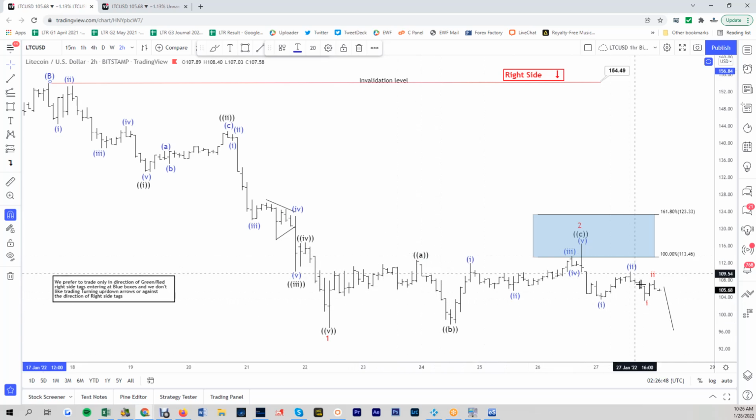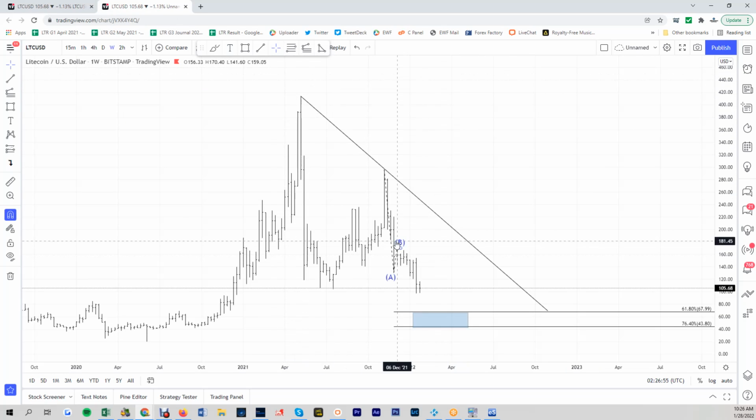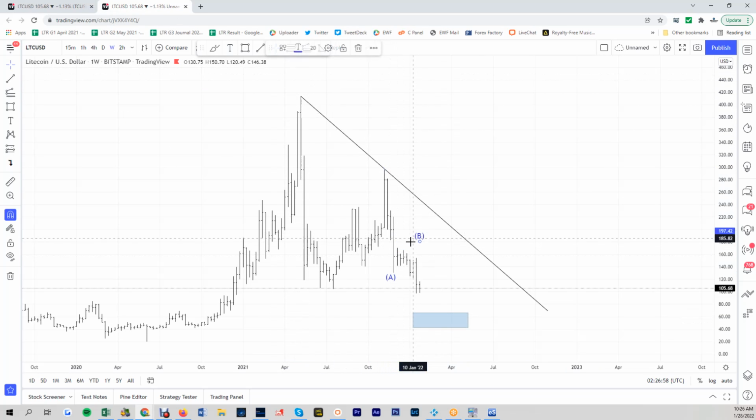Now, what if it suddenly really seems to be showing significant strength? Another possibility in that case is we end maybe something like this.